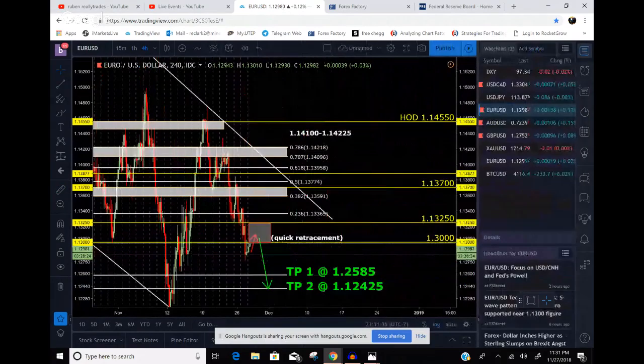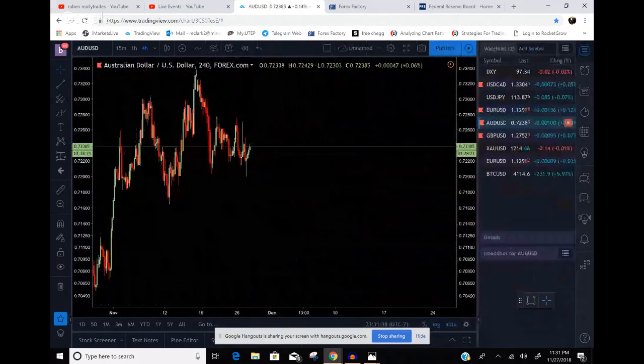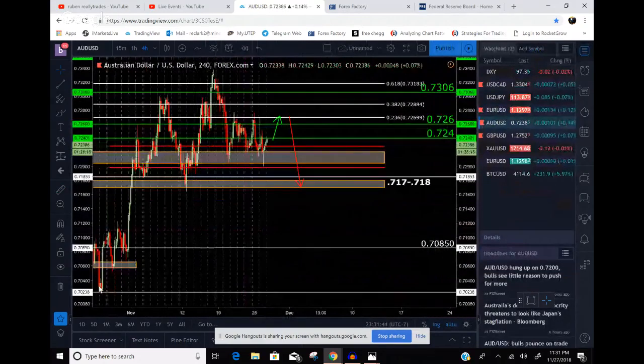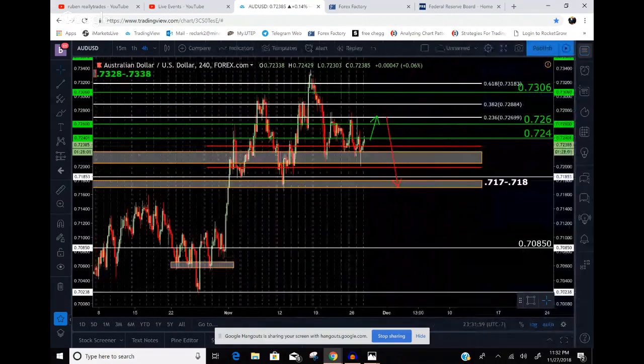Moving on to AU, what's next? AU is going to be kind of the same thing like I saw on EU. I do want to see this up move, right? I want to see this up move to our 0.726 or to my 0.236, which is 0.727.